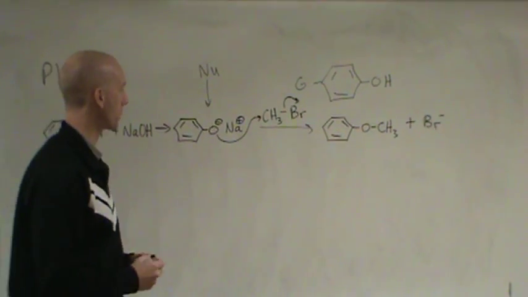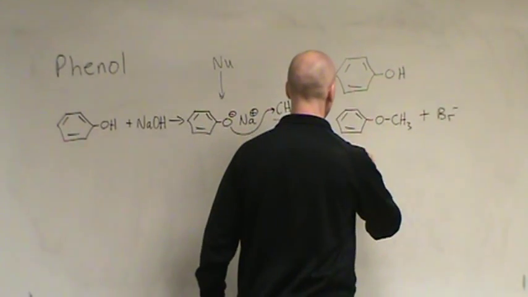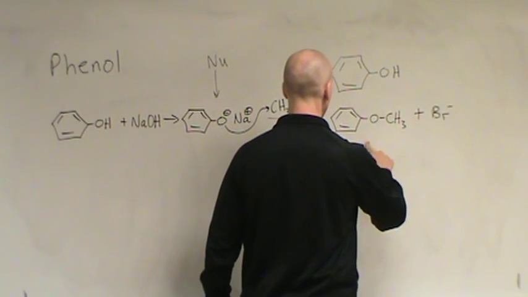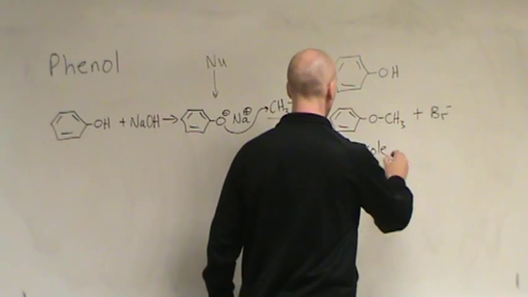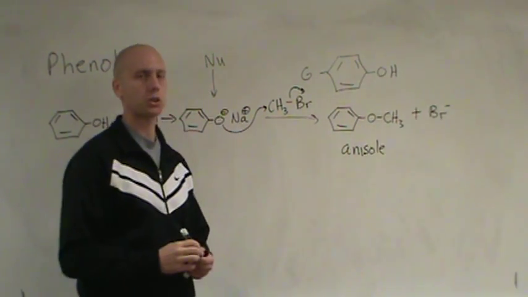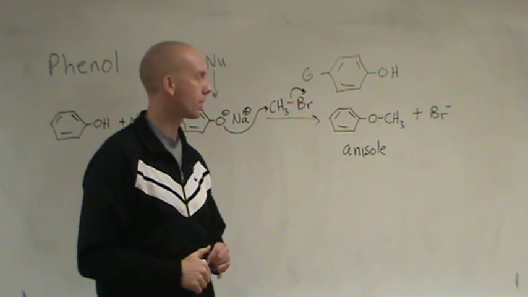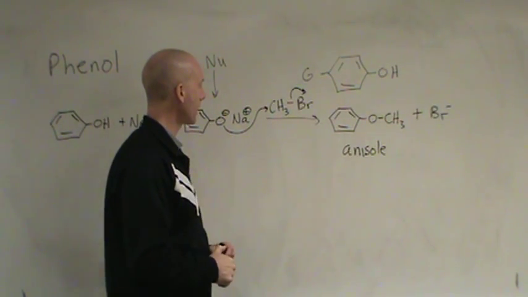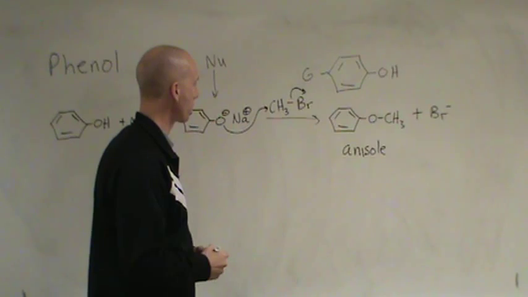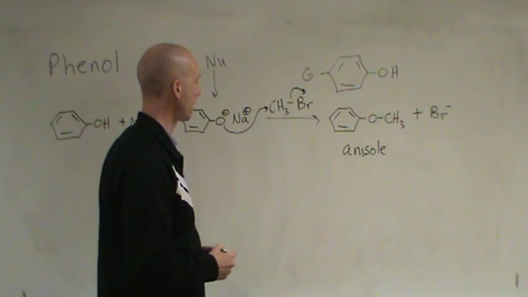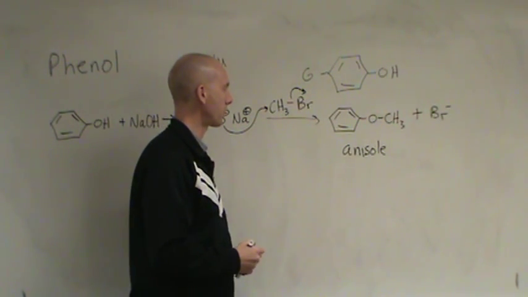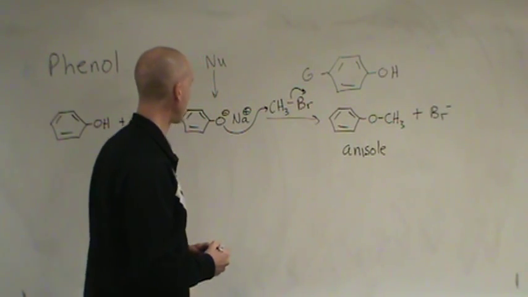And what's the name of this compound? This was anisole, remember? A phenoxy ether. Okay? So here, this is the way to make anisole that we have not learned about previously.